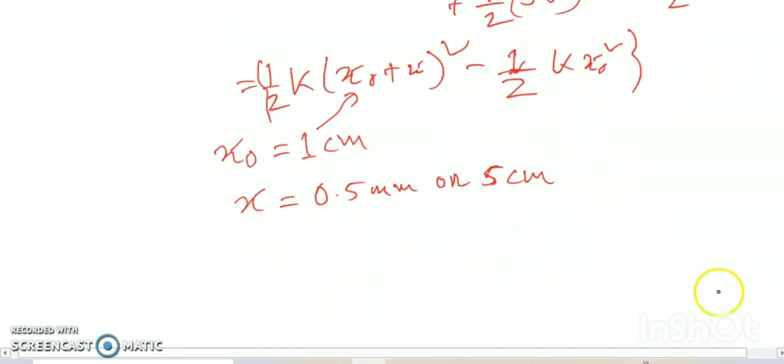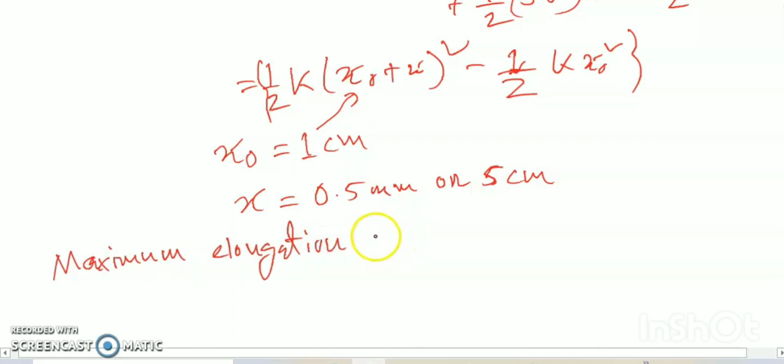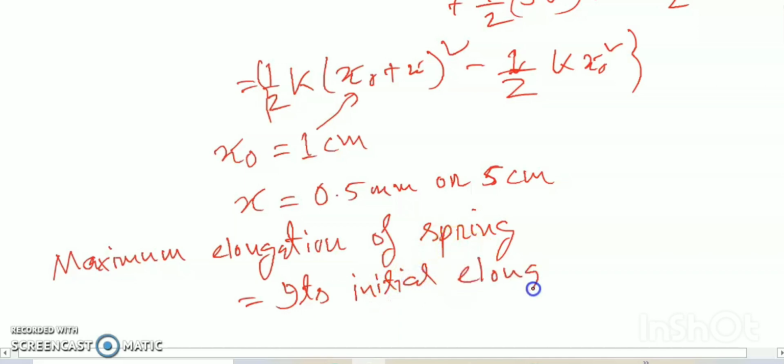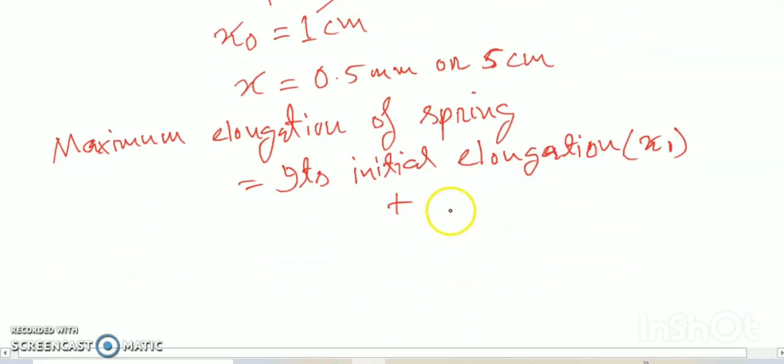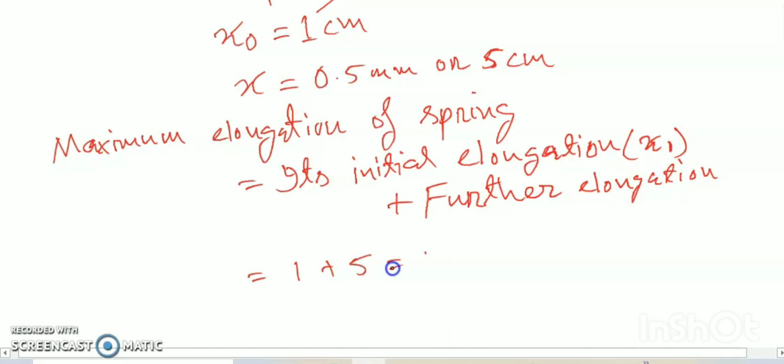So my answer is maximum elongation: initial elongation x0 plus further elongation, that is 1 plus 5 is equal to 6 centimeter.